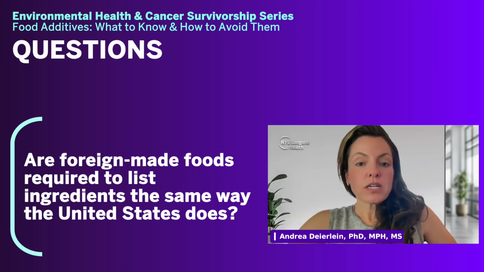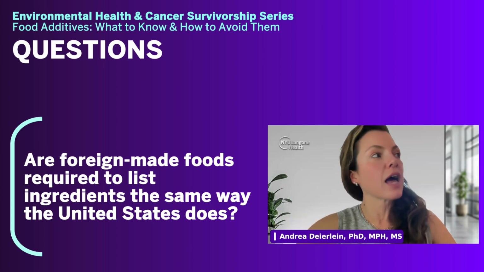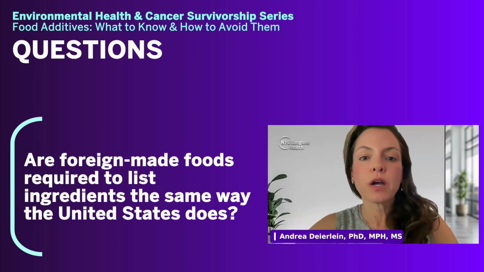I don't think so, and I wish I knew more about this topic. My guess is that if you go to another country and pick up, I'm making this up right now, Fruit Loops there, you will see different ingredients compared to a box of Fruit Loops in the US.